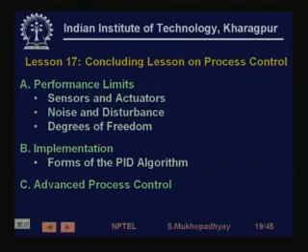So, in other words, we first looked at PID in depth, and then we looked at certain very special control structures which give significant benefit. And finally, we took a look at some of the factors which limit performance, typically the characteristics of sensors and the characteristics of actuators.